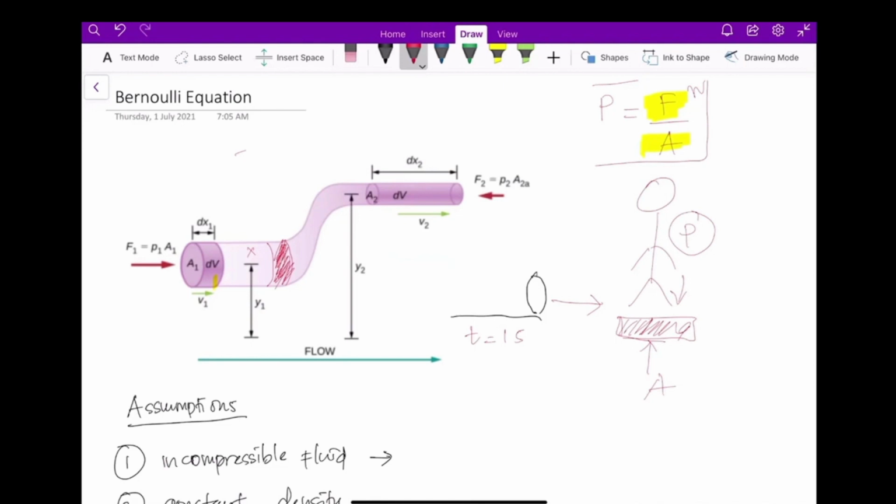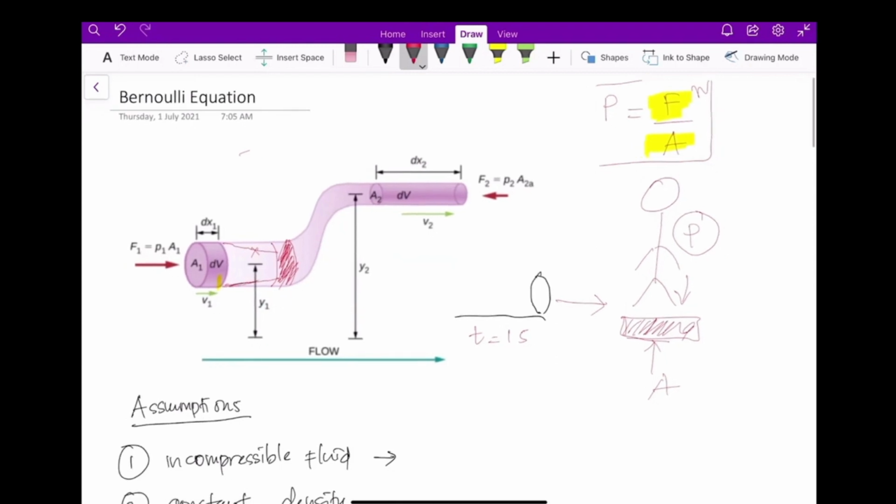Just imagine my picture has a reduction in the pipe diameter, because if it's the same, there's no change in A basically. So imagine we have a reduction of the pipe diameter, and we want to apply this at point 3. Let's call this point 3.